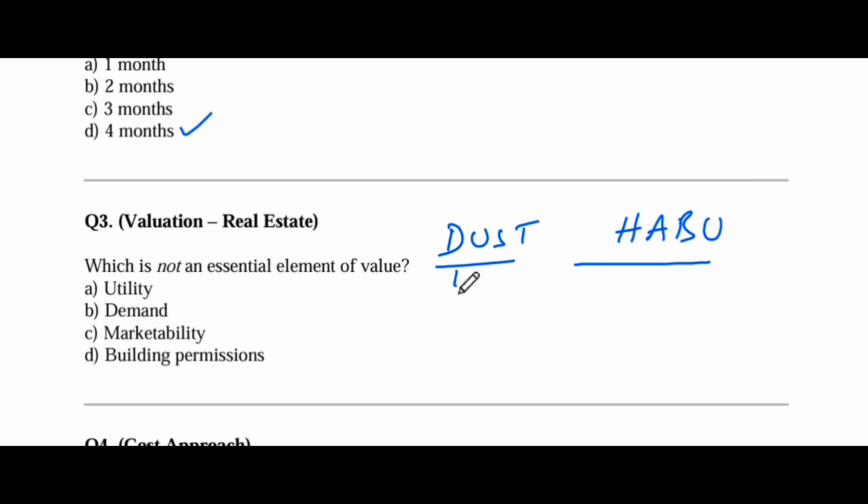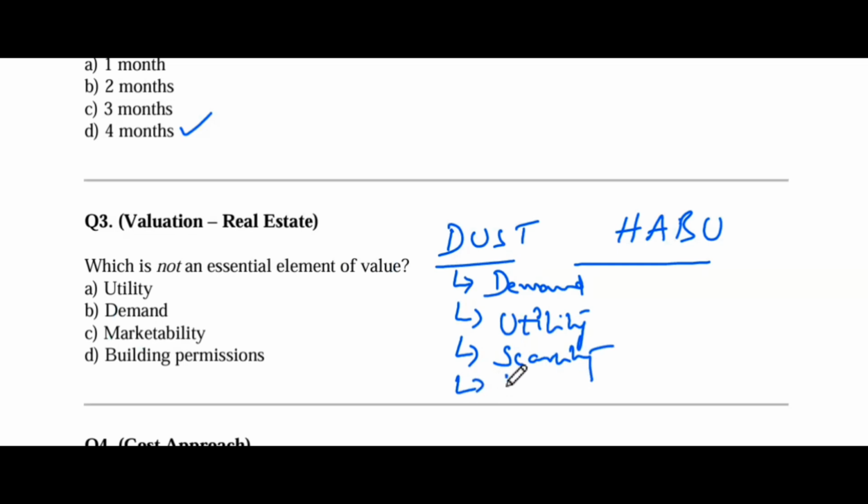D for demand and U for utility and S for scarcity and T for transferability.